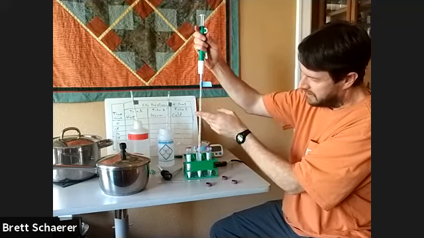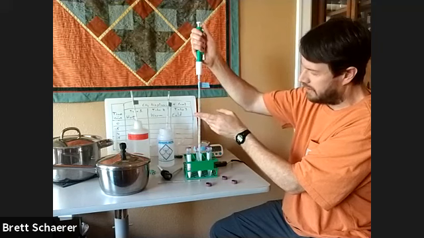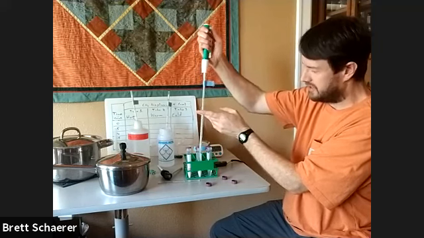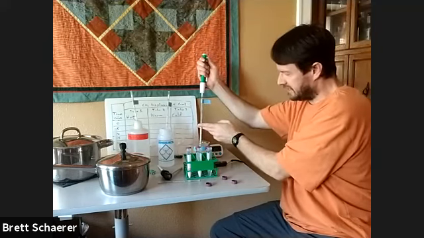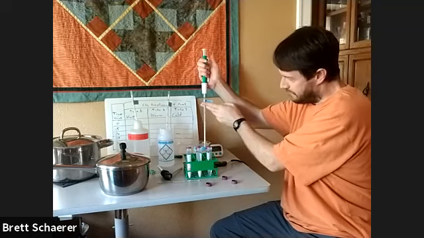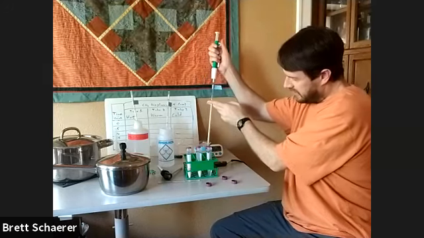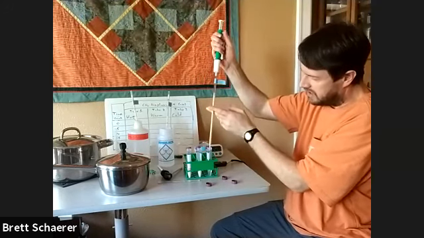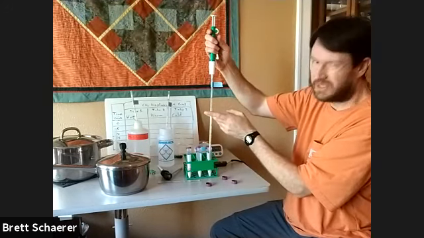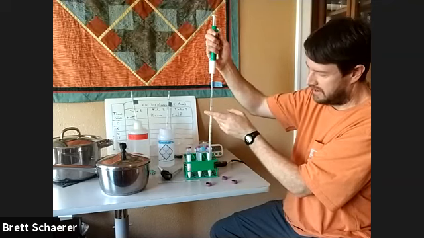And then for the sugar solution, we'll put those into different tubes, again, so the fermentation doesn't start happening before we're ready for it. And we're going to use 6 milliliters of glucose, just like we did in exercise 1.